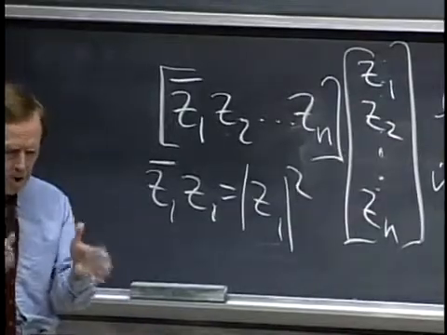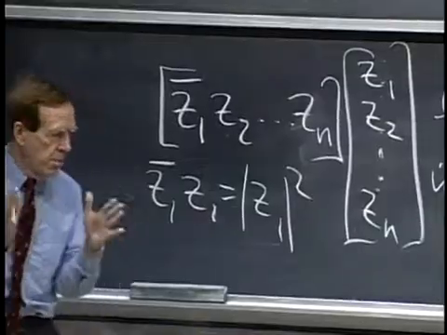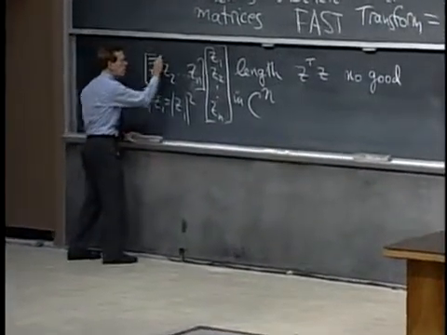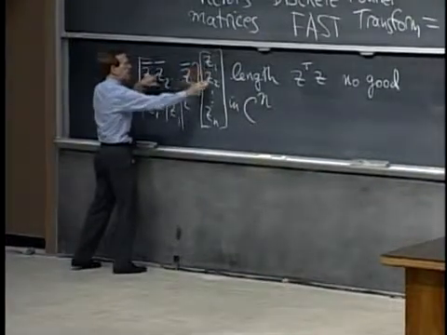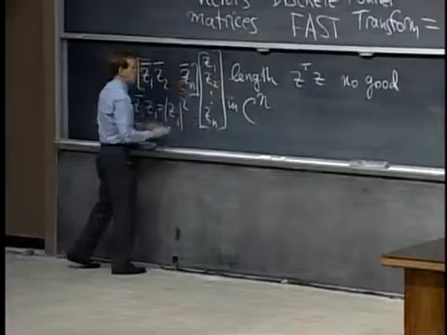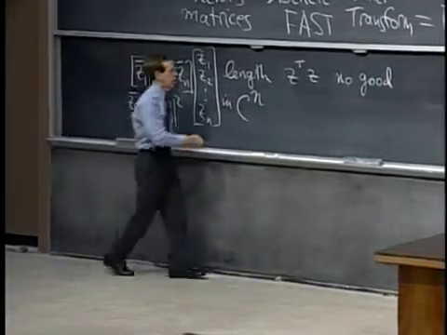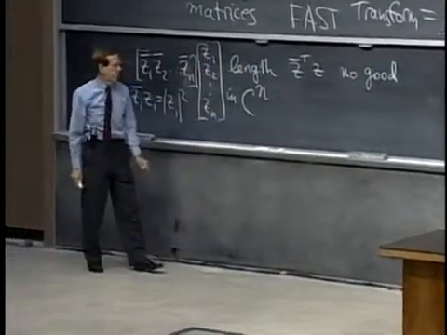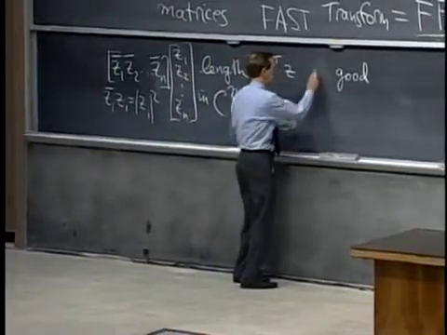So for the component i, its modulus squared is plus 1. That's great. So what I want to do then is z1 bar z1, z2 bar z2, zn bar zn. And remember this complex conjugate. There's the point. Now I can erase the no good and put is good.